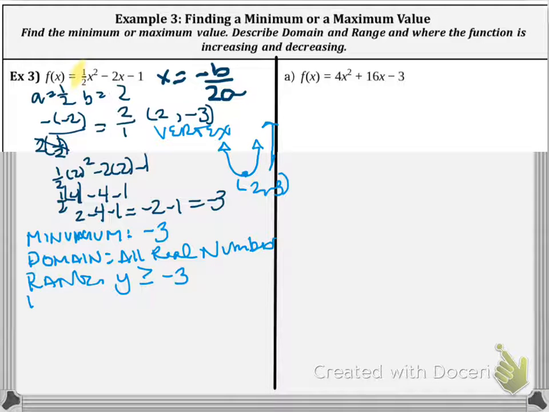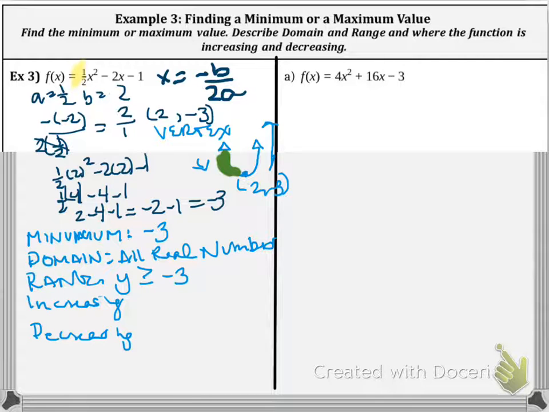Now we look at where the function is increasing and decreasing. When we're reading the graph from left to right, we can say that to the left of x equals 2, the function is decreasing. Let's talk about decreasing first.